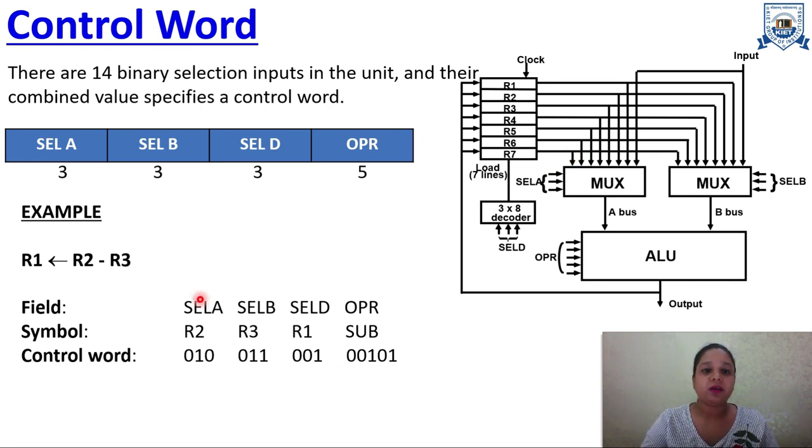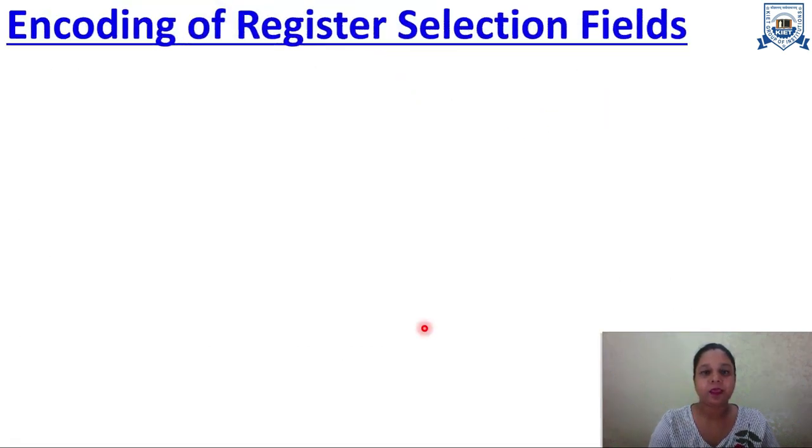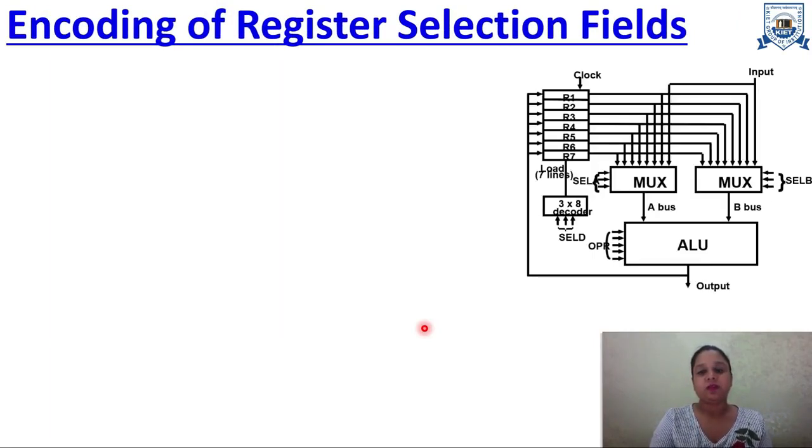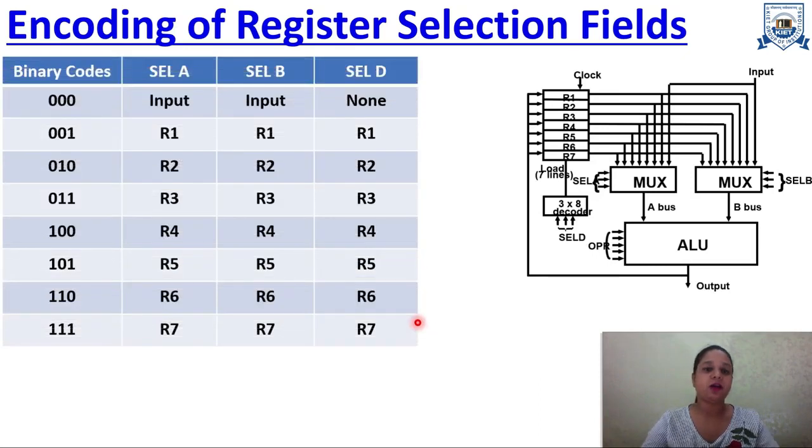Now it means if we want to know what the input and the control word will be, we have to see what the encoding is for these symbols. So let's learn the encoding for these registers and the operations. First we will see the encoding of the register selection field. This is the register organization. Now this is the table where you can see what the binary digits will be for each select line, and these will be the outputs.